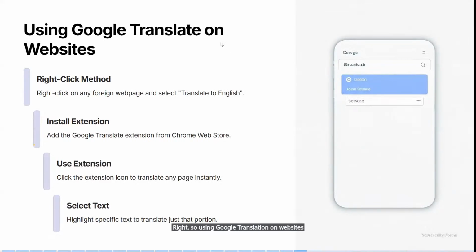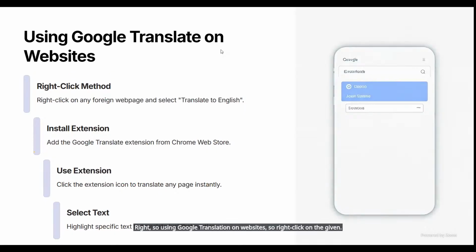Right click on the web page and try to translate to English or some other language. For example, if it is in Telugu, Marathi, or Kannada, just select all the data, right click, and translate to English to get all these details.